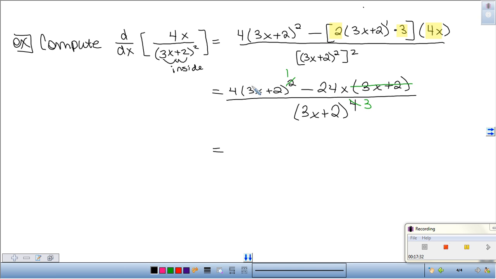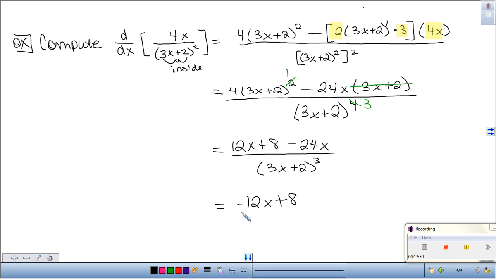So if I distribute the 4, I'll have 12x plus 8 minus 24x all over 3x plus 2 to the 3rd. Combining like terms, 12x minus 24x is negative 12x plus 8 over 3x plus 2 all cubed. So this would be your final answer.